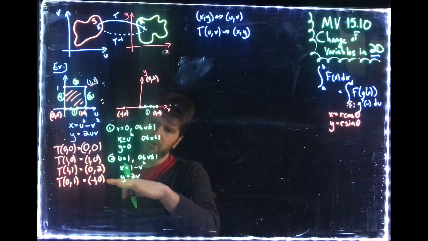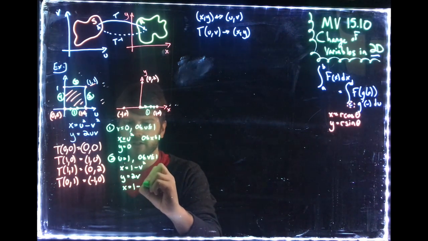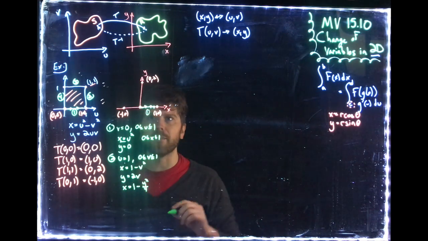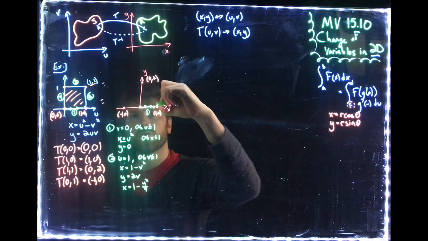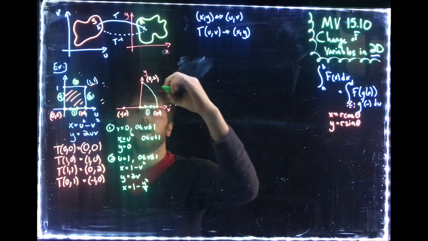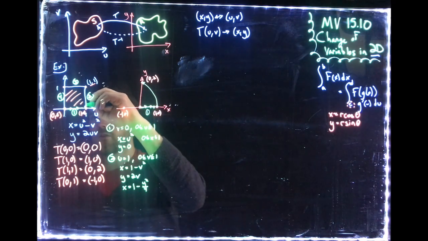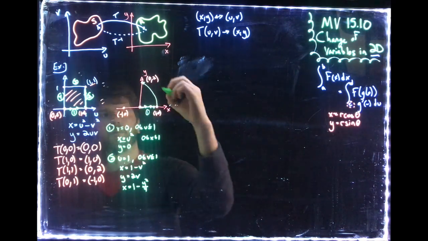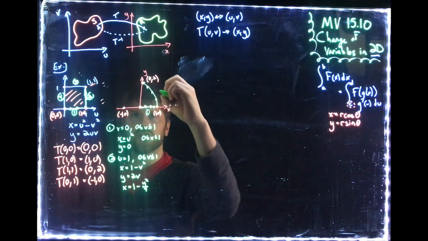If I do a little substitution, y over 2, I end up with x equals 1 minus y squared over 4. This is a parabola, I'm going to try to draw this well. So as I go this way along side 2, I end up with this parabolic motion here.